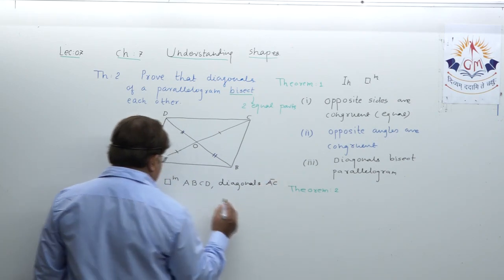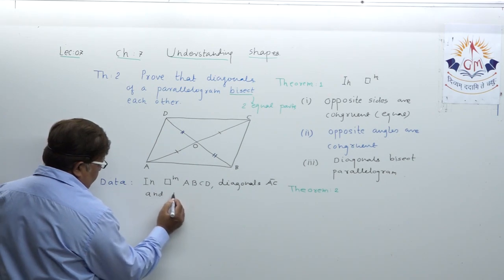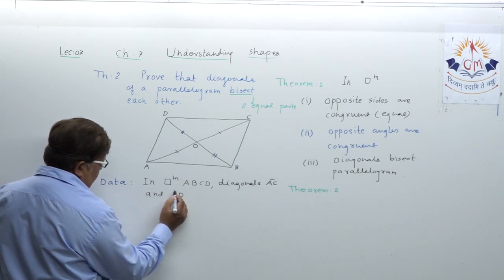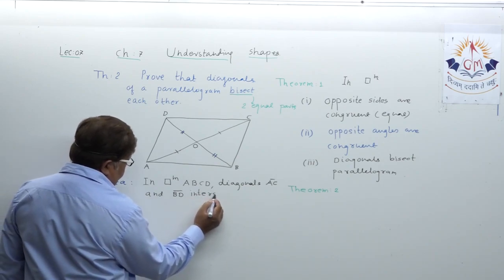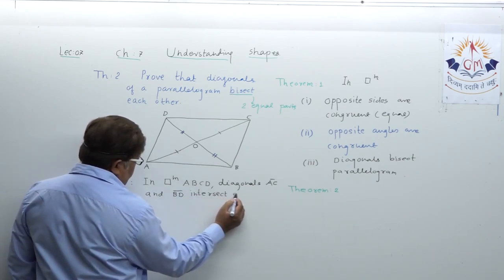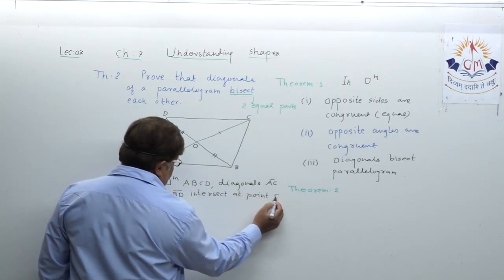Diagonals AC and BD intersect at point O. This is given.